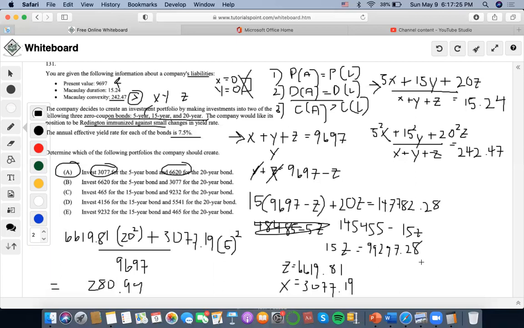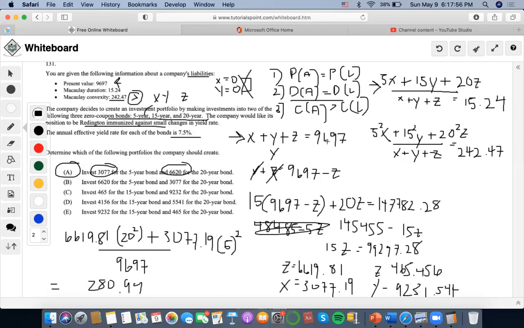So that would mean that z would be equal to 465.456, whereas y would equal 9,231.544.